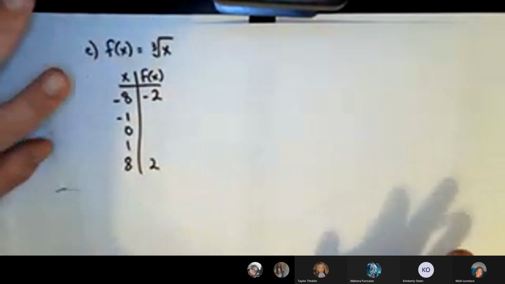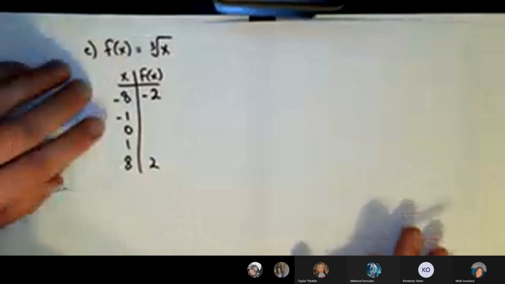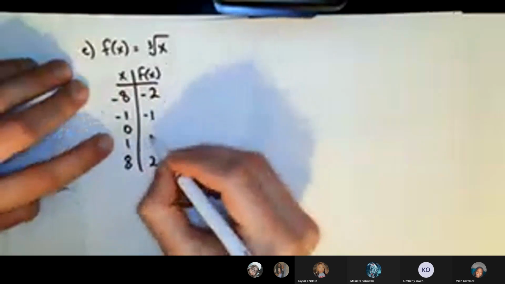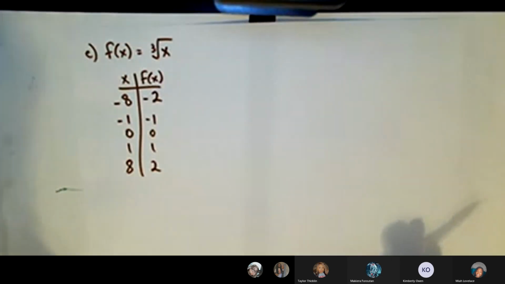Why do I say that? Because cube root of 8 is a nice whole 2. Cube root of -8 is a nice -2. Well, it's an integer, but it's not fractional. That's the point, it's not a decimal, so we can graph that very easily. Cube root of -1 is -1. Cube root of 0 is 0. Cube root of 1 is 1.